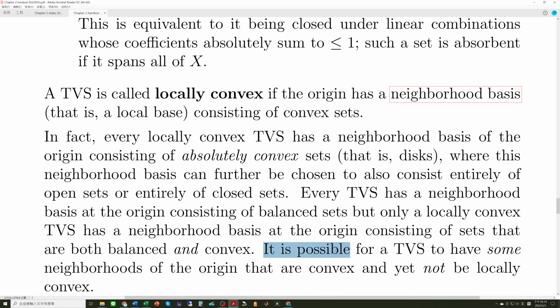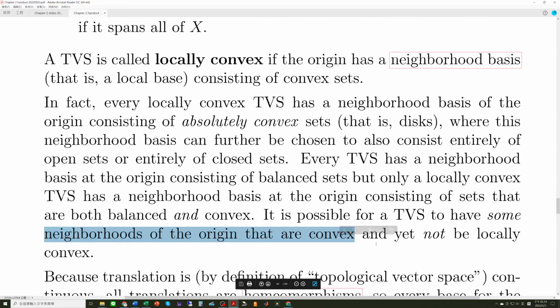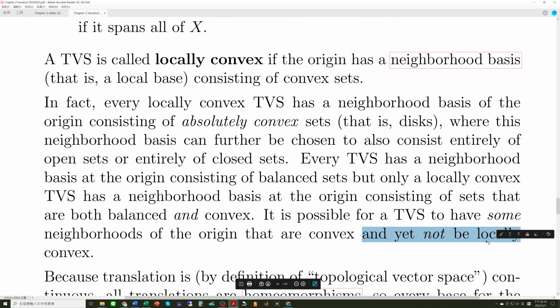It is possible for a TVS to have some neighborhoods of the origin that are convex and yet not be locally convex.